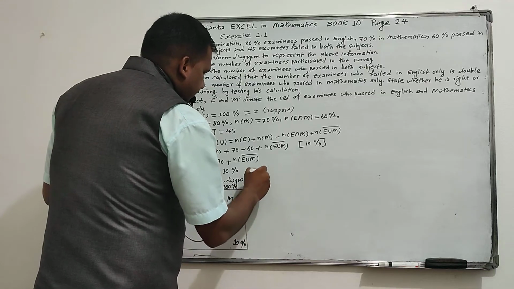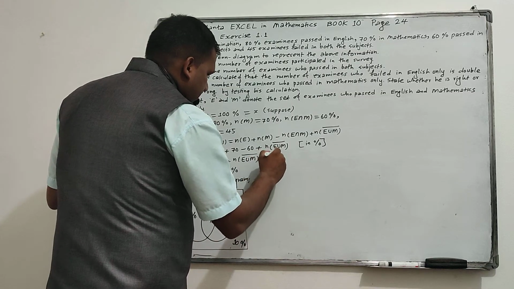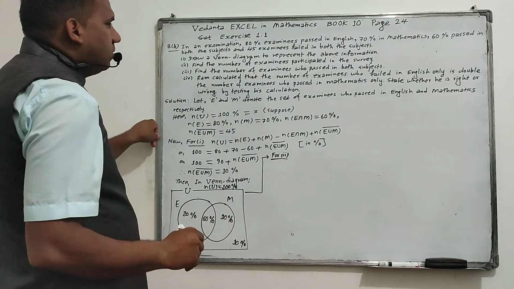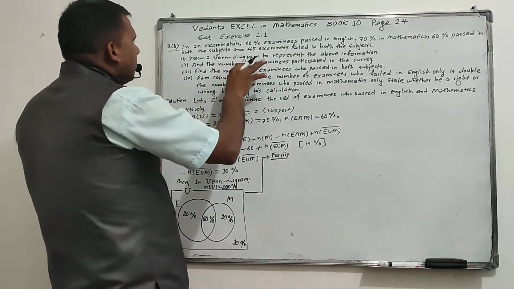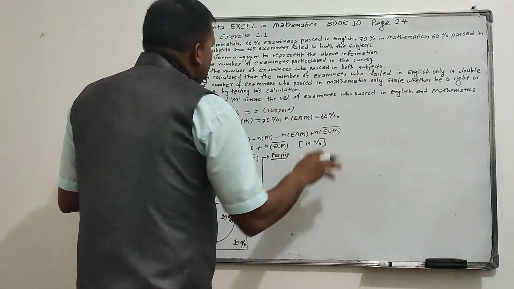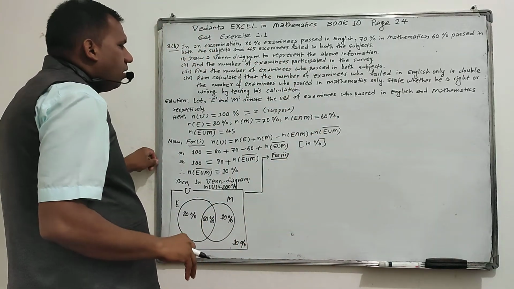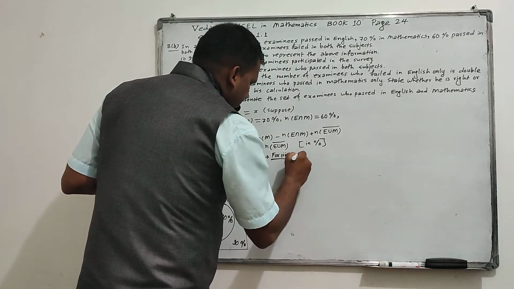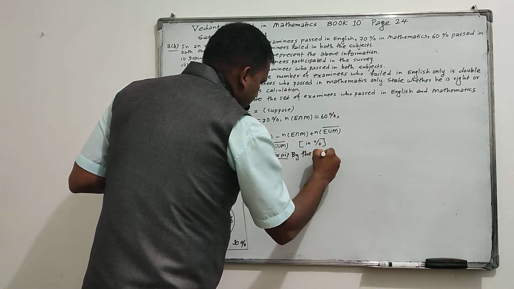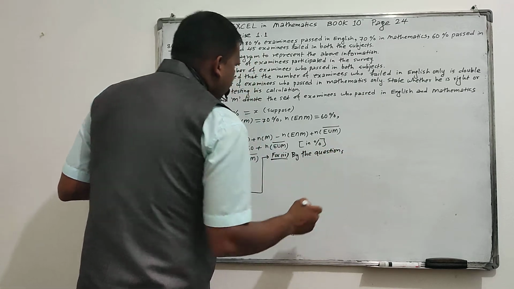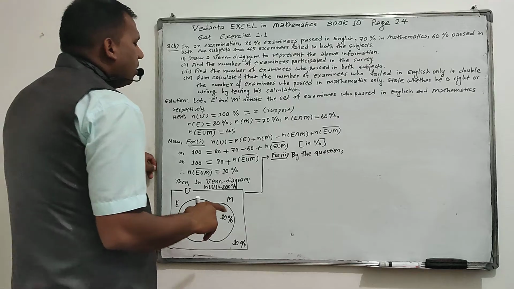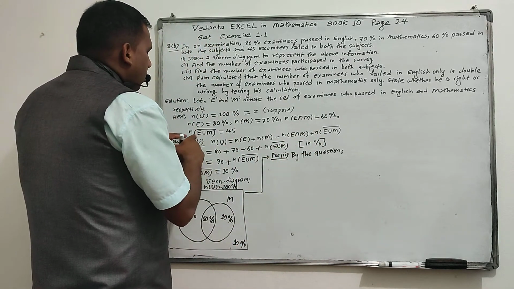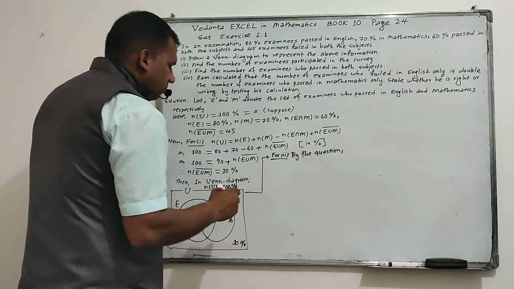After this, for 2, find the number of examinees participating in the survey. You have to find the value of X. By the question, we have given that number of E intersection M equals 60%.